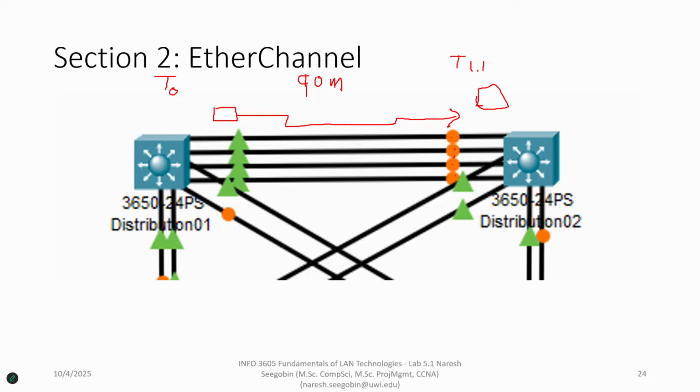Now, if we were to have the other link do the same thing, we could do a T0, the frame is going on a link, coming back on the other side, and it's going to be a T, what? I'm going to put 1.2. Right?